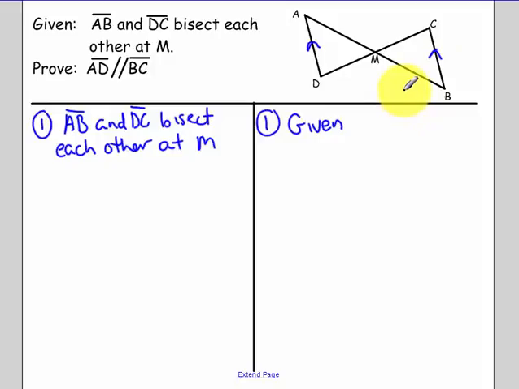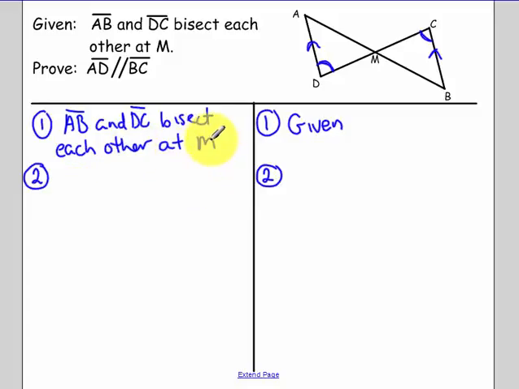So if we get one of our special angle pairs equal, so for example, angle D congruent to angle C. So it'd be nice if I could get these two triangles here congruent. So if I get those two triangles congruent somehow, so take something from your given. Again, I always say that to help you out with proofs. Take something from the given.